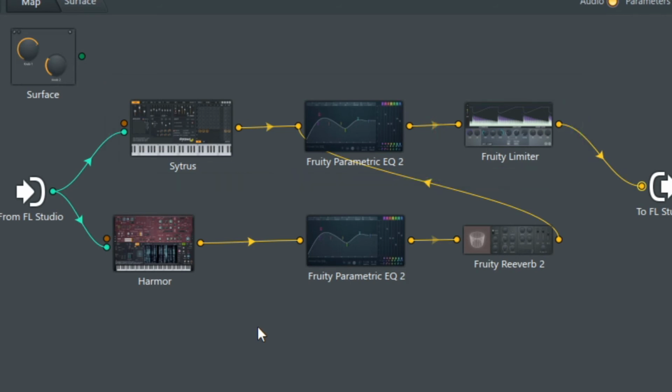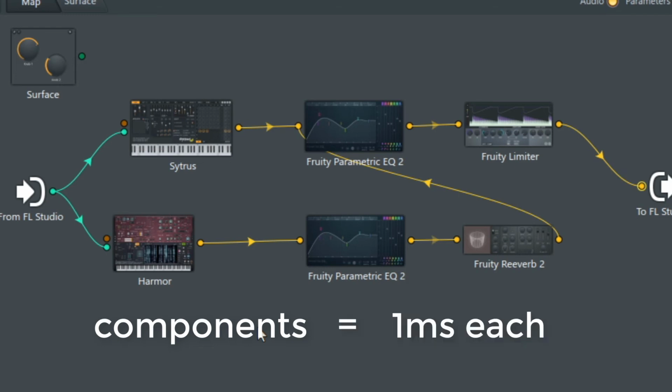This situation is worse. By CPU performance, we speak about processing time available. The longer the calculations last, the higher is the CPU load. In a perfect parallel routing, all calculations on all cores take the same amount of time. Let's assume for a second that all components, generators, EQs, compressor and reverb, would take the same amount of time, for example 1 millisecond.